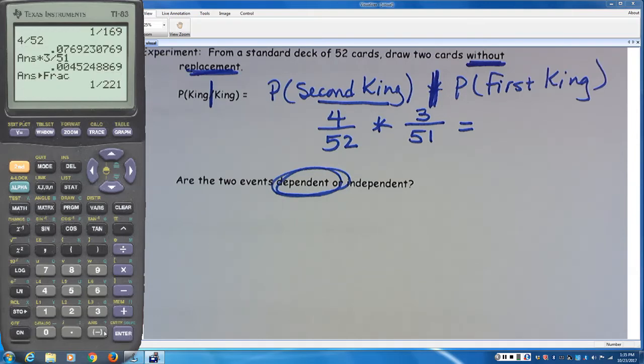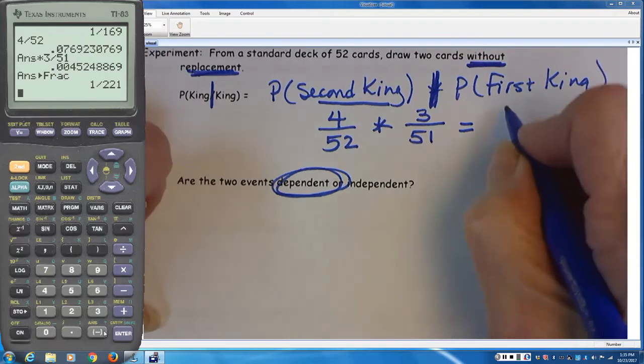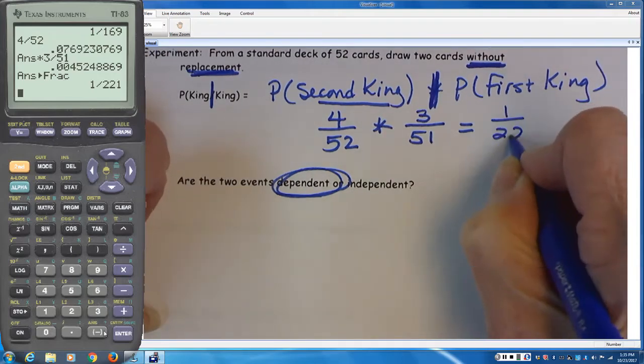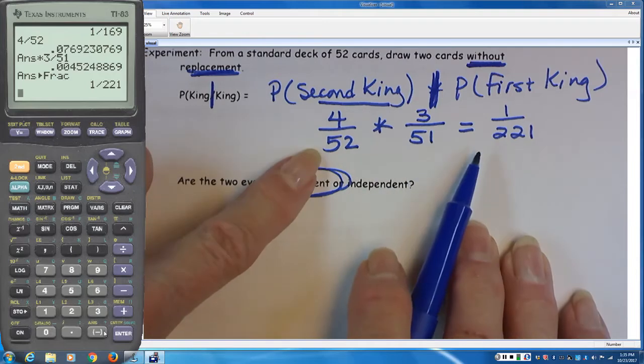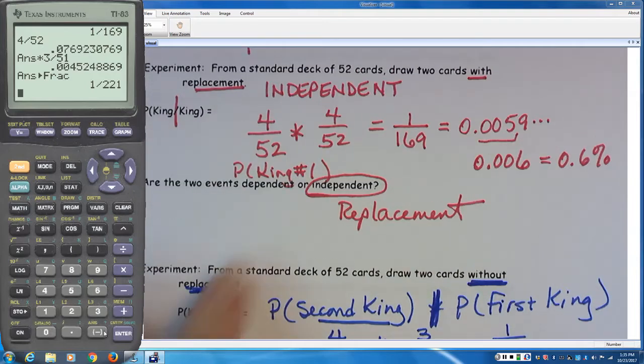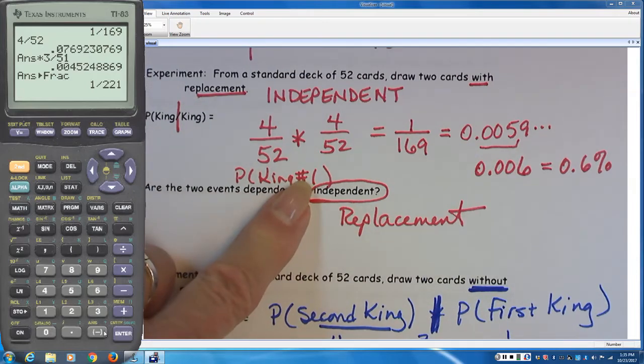So that's 1 over 221. Notice that this is a lot less likely without replacement than it is with replacement.